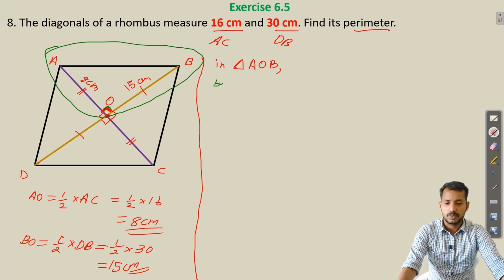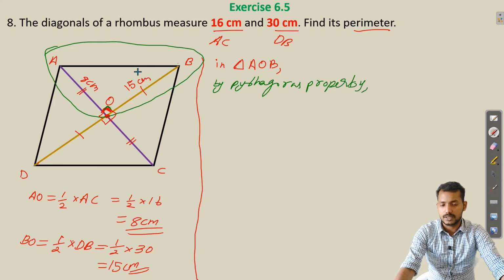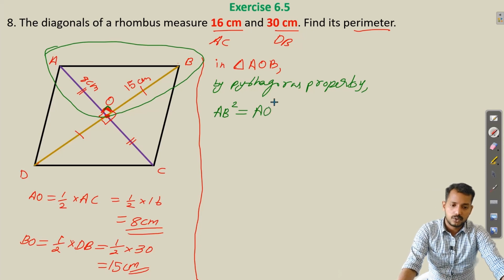By Pythagoras property, the square of the hypotenuse, that is AB square, is equal to the sum of the squares of the other two sides, that is AO square plus BO square.